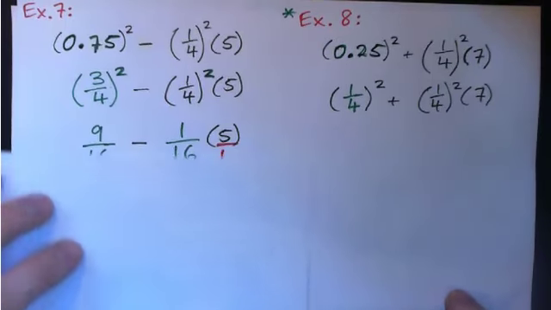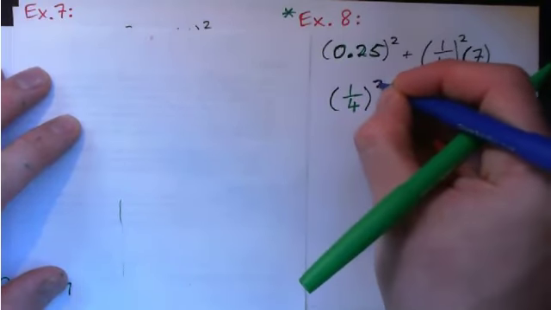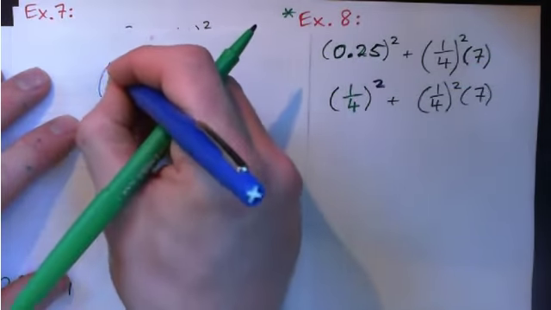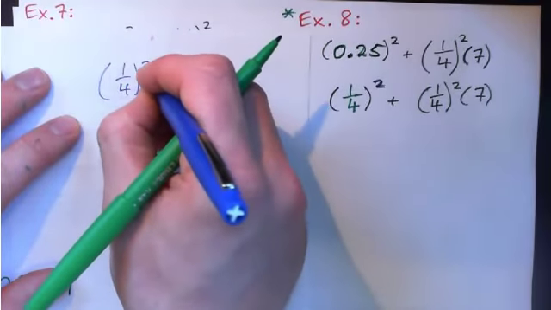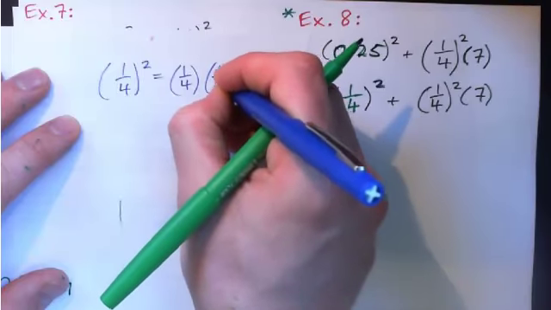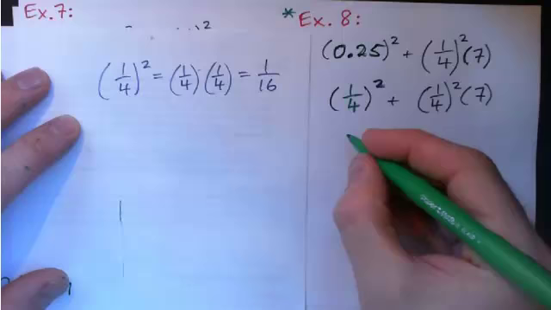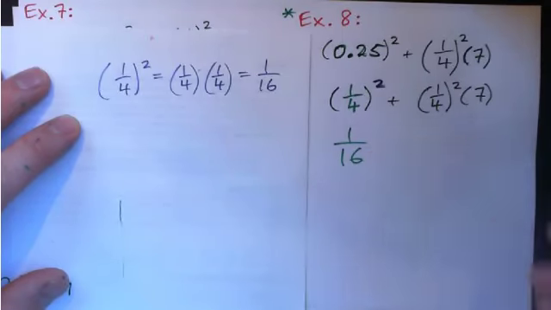Hope you tried it. So 1/4, we've got to do the exponents first because of the order of operations PEMDAS. So we'll do 1/4 squared is 1/4 times 1/4. 1 times 1 is 1, 4 times 4 is 16. So this becomes 1 over 16.